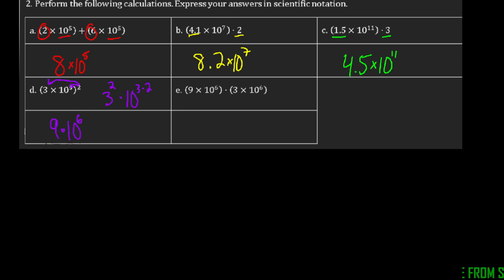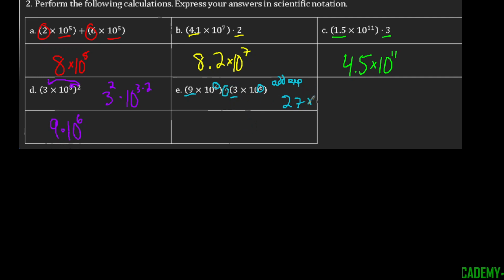Then for this one, this one's a little bit trickier just because we have a couple things. So I need to multiply these together because I have 3 times 9, so it's going to be 27. And then I have to add exponents because we are multiplying these together.